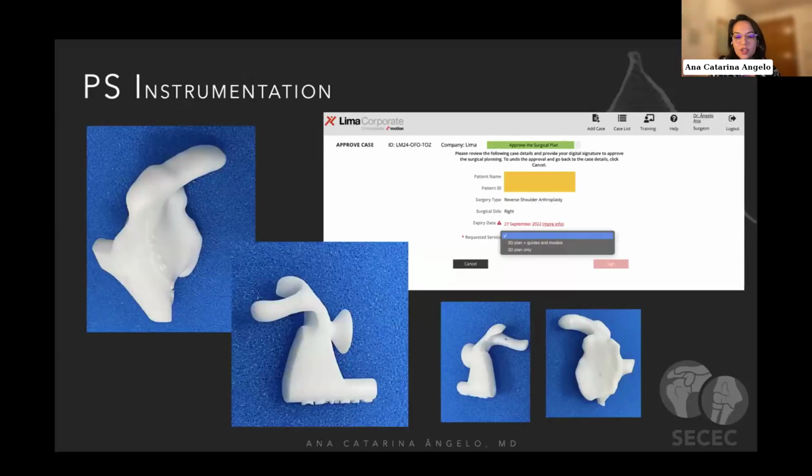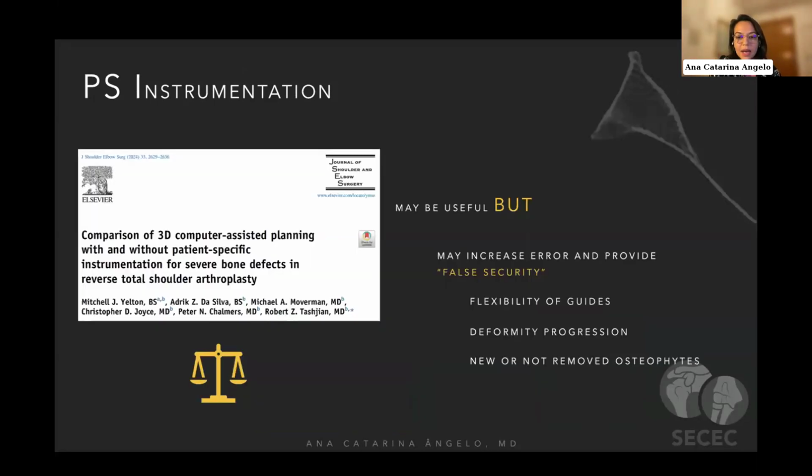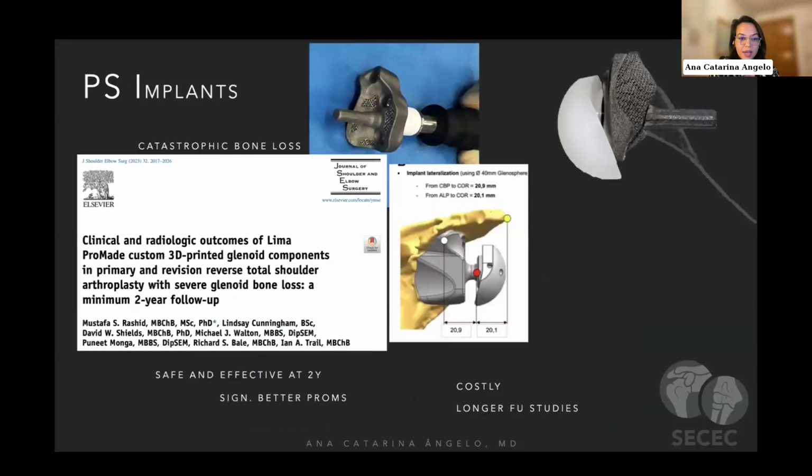So patient-specific instrumentation, this is added to almost every software. You can ask for it. This may be very useful, especially in cases that are difficult and that are different, but please pay attention because it can give you a false security, because the guides can be a little bit flexible, the deformity can progress, and you need to actually remove every osteophyte, otherwise you can be wrong with your guides.